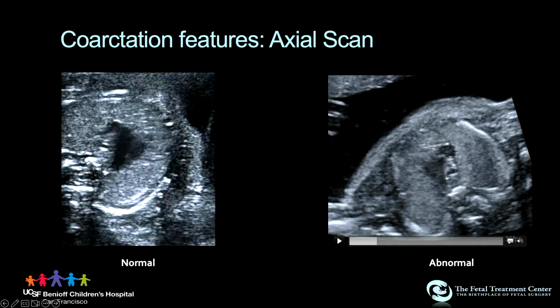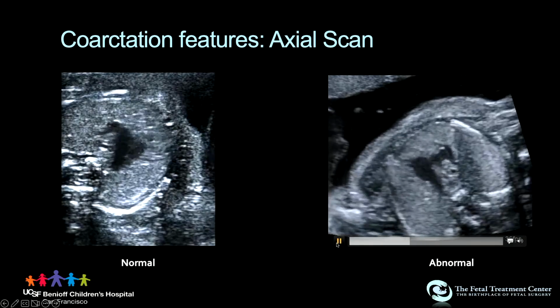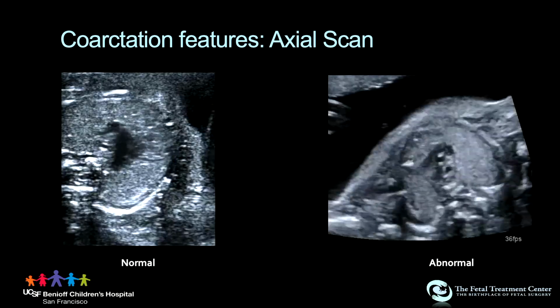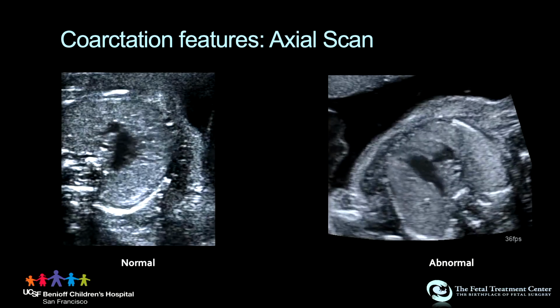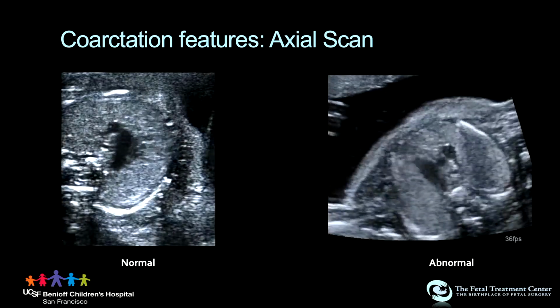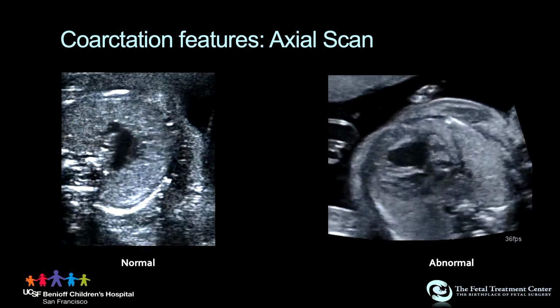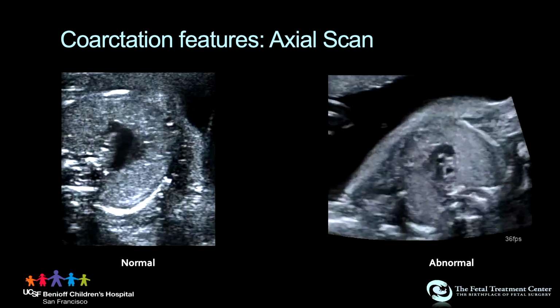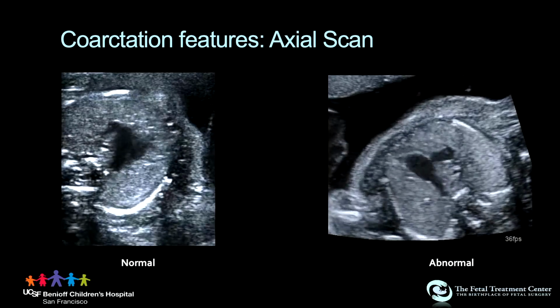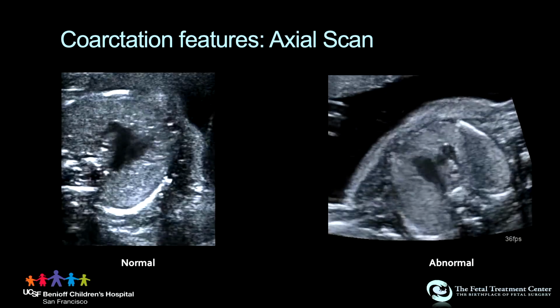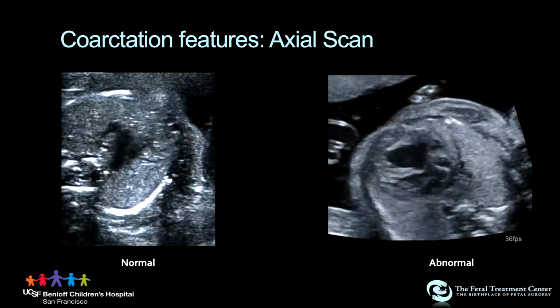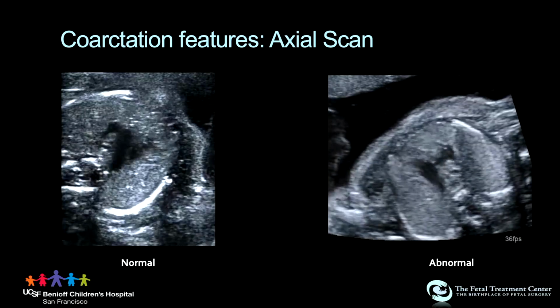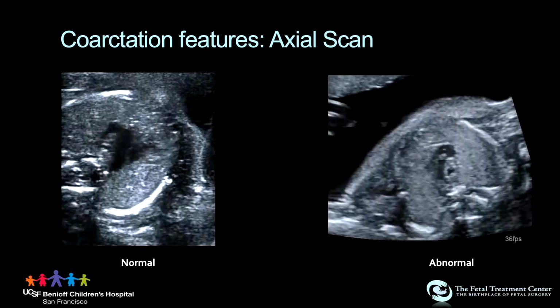If you compare that to this image here, if I let it play, the aorta looks much smaller in that similar view. It's definitely much smaller than the pulmonary artery, and clearly this suggests some concern about distal obstruction in the aortic arch. So using these images on the axial scan can really clue you in that there might be a distal obstruction in the aortic arch.